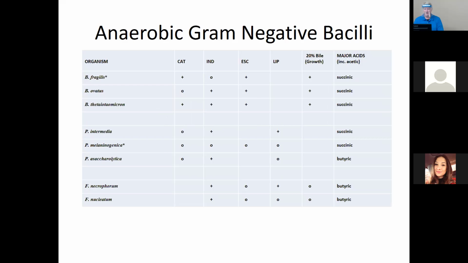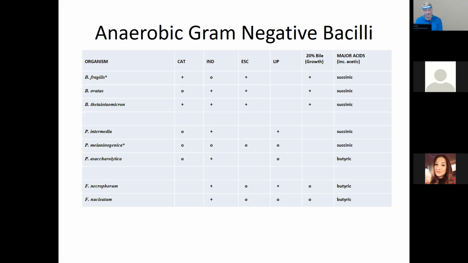Okay. That was our gram-positive rod. This is our gram-negative rod. So we get them all listed out and summed up in things like catalase and indole and esculin and lipase and 20% bile growth and major acids. Bacteroides fragilis, ovatus, thetaiotaomicron, intermedia, melaninogenica.